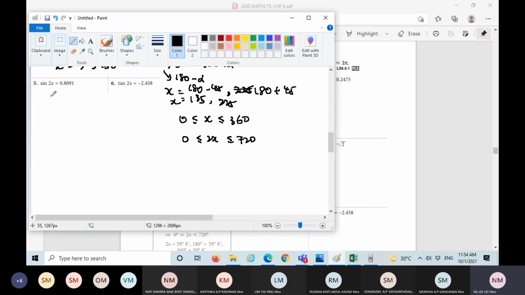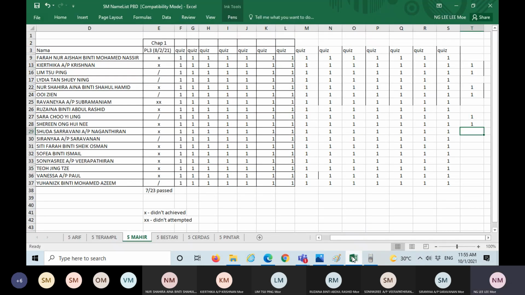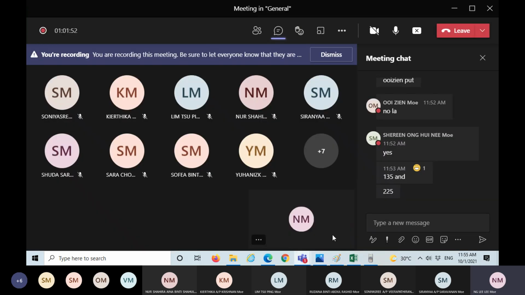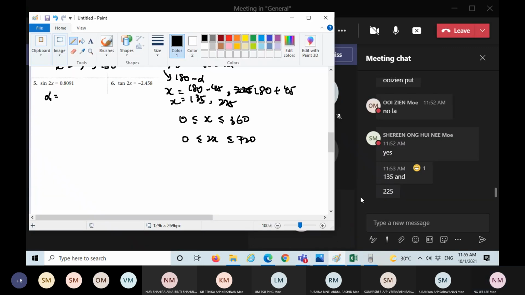So we start with the same thing, the alpha. Shuda, can you please tell me what is the alpha here? Don't care about the 2x, just as usual.